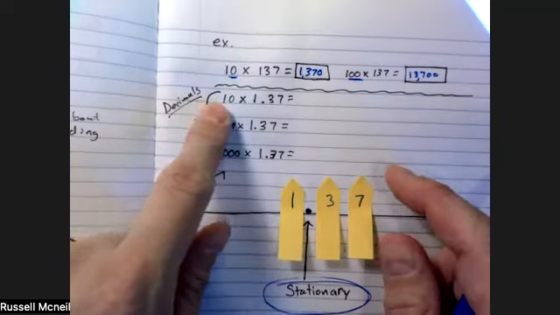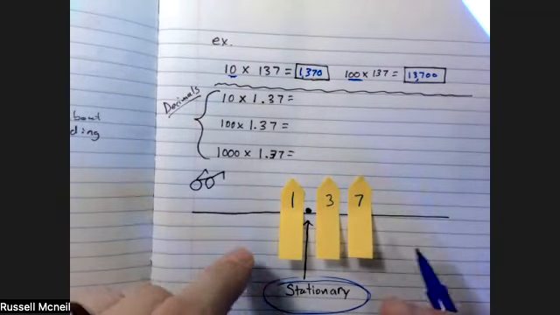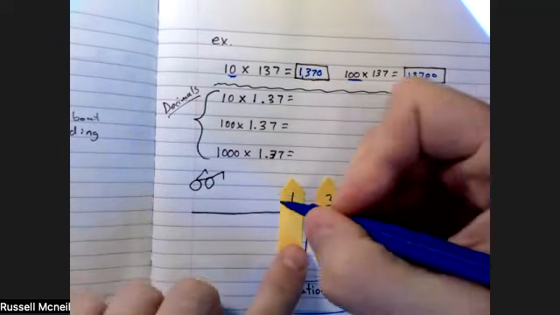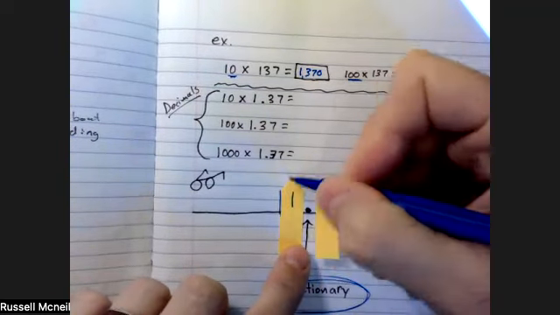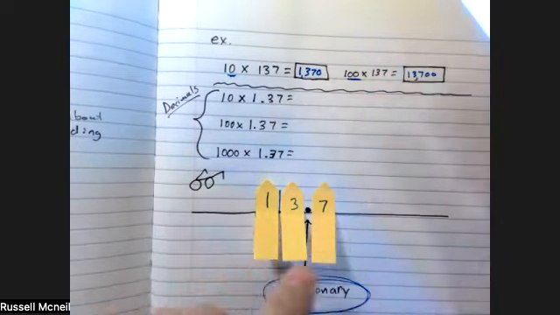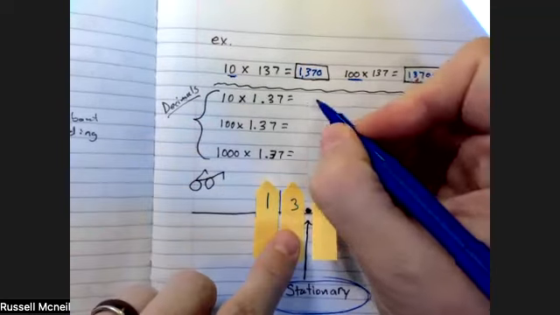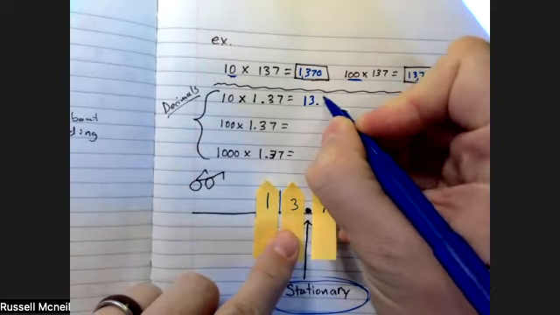So if we're multiplying by 10, everything moves one space. How many spaces? 1. So let me give a guide here. So 1.37 times 10 is now 13.7.